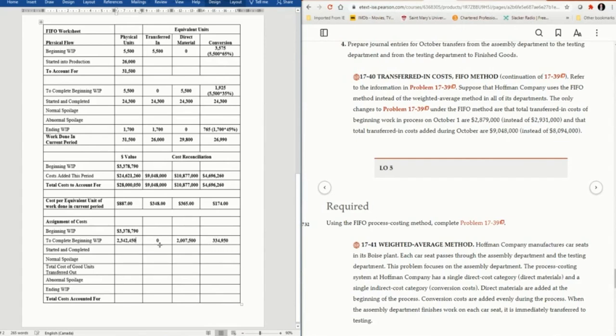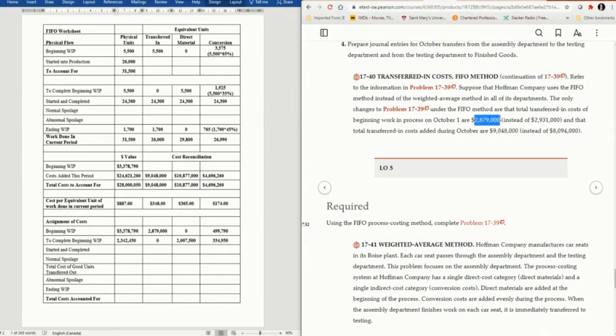So hopefully that makes sense, right? That I've got this beginning WIP, and I could have put this in here, I guess, if you wanted. 2879. Oops. So that's where this number came from, was these numbers here, right?